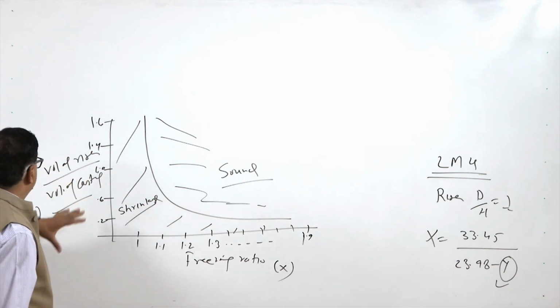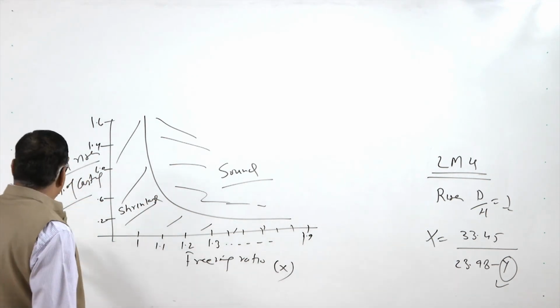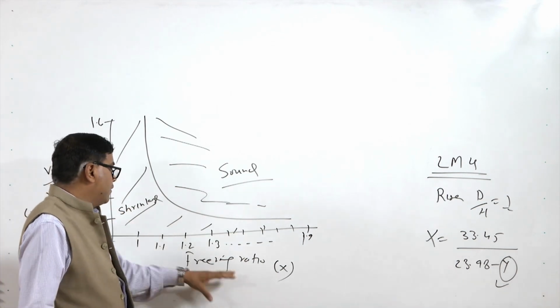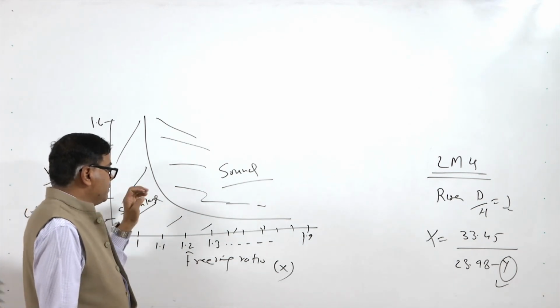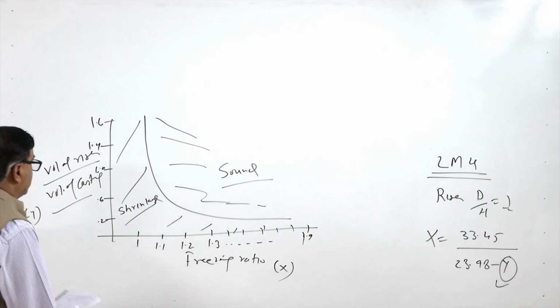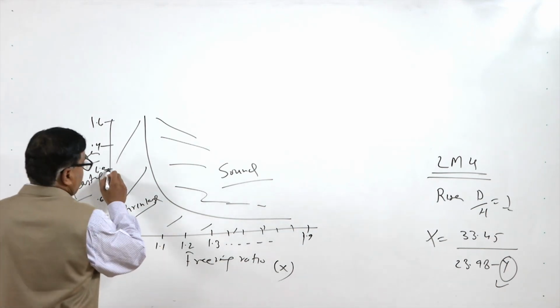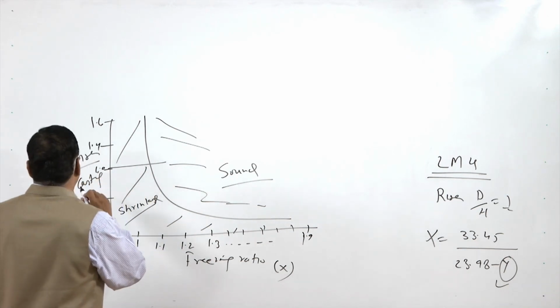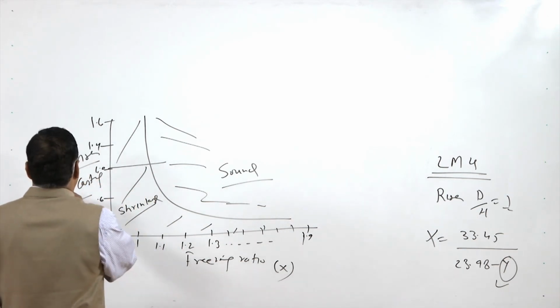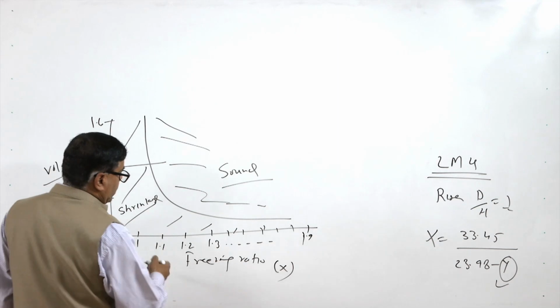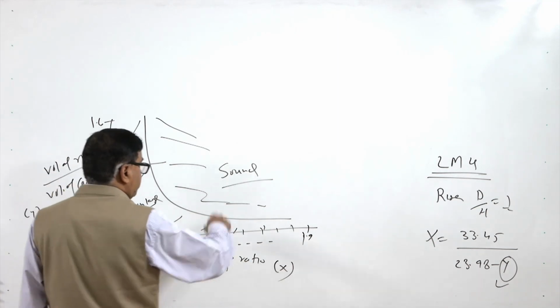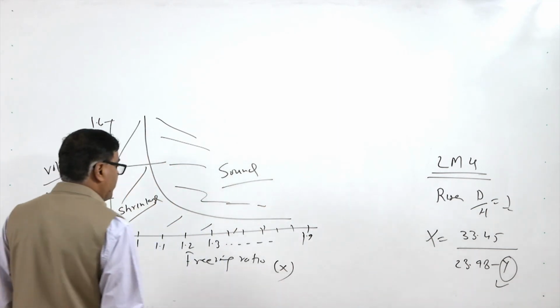So, proper values of the y and x are to be maintained in order to have the sound casting. If the two are not maintained, then what should be the freezing ratio for the different values of the y, and what should be the value of the y for the different freezing ratios, that is what can be obtained.